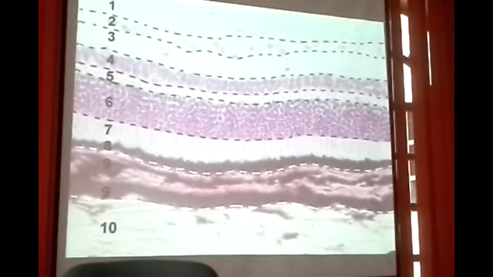Is the fovea vascular? Avascular. Does it contain rods? No rods. So the optic disc is the blind area, while the fovea centralis is the point of maximal visual acuity.